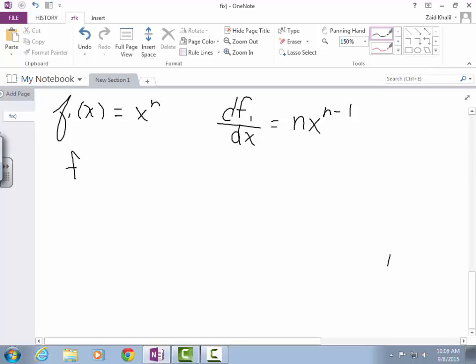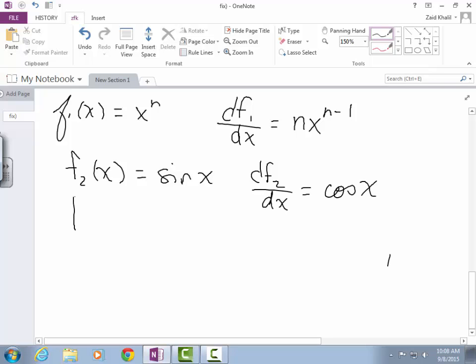So, f2. If f2 is sine, the derivative is cosine. f3. Notice, why am I actually doing this, as opposed to just saying f of x?